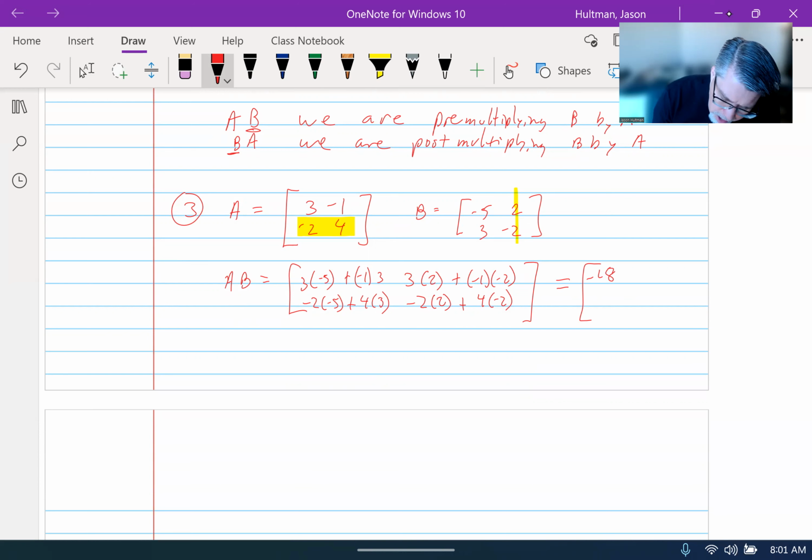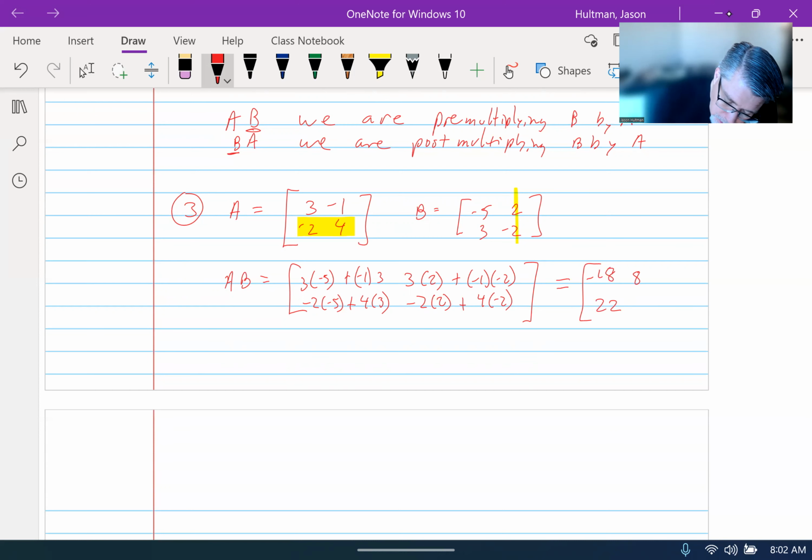Well, that's 6 plus 2, which is 8. Okay, I'm just doing some of the multiplication and addition in my head. Okay, let's go down to the second row, first column. -2 times -5 is 10, plus 4 times 3 is 12, so that's 10 plus 12, which is 22.